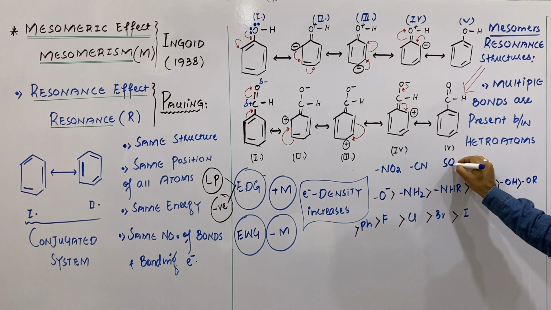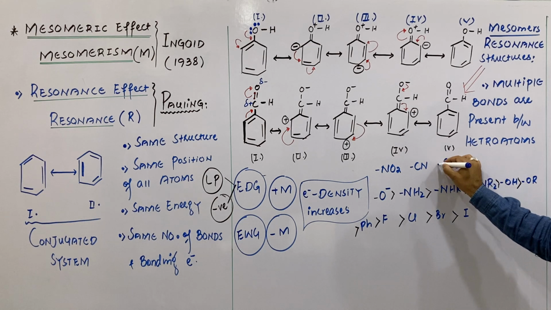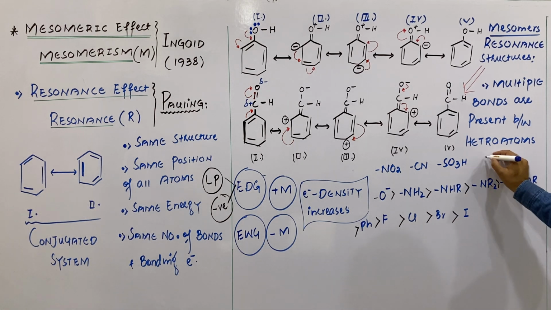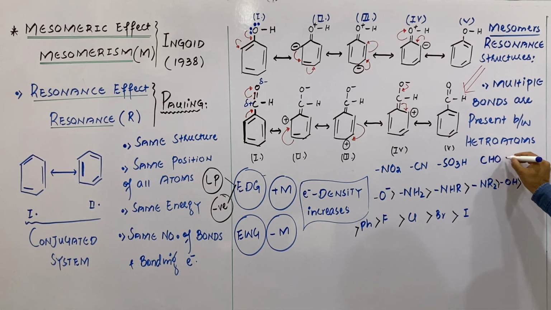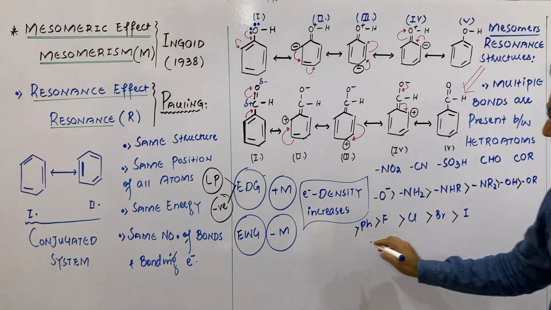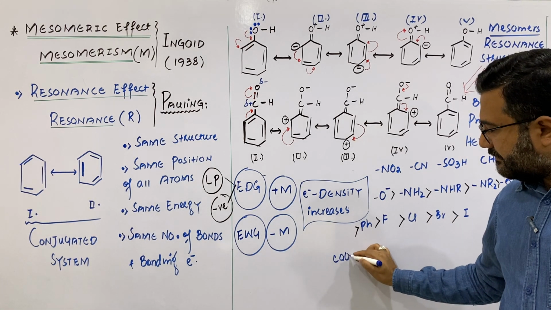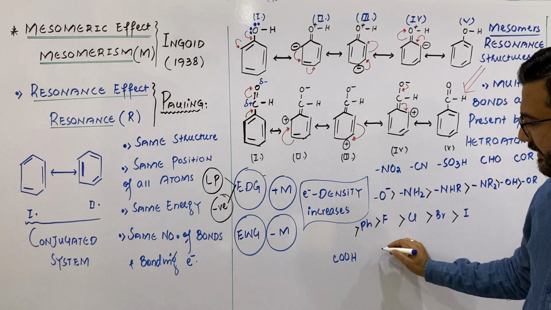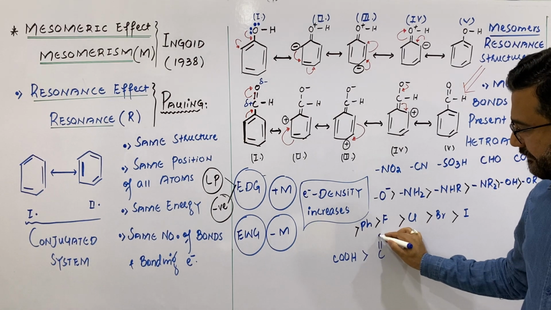Sulfonic acid group SO3H, in this group again sulfur and oxygen have multiple bonds, and similarly the aldehyde group, the keto group, they all have multiple bonds. In the same way, I am writing down here the carboxyl group, which also has multiple bonds, and the amide group.